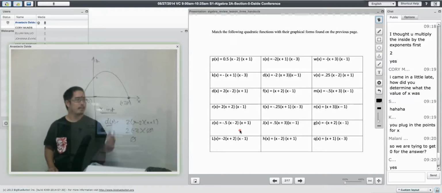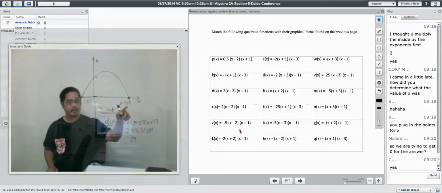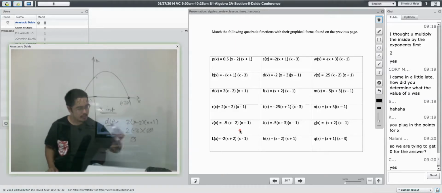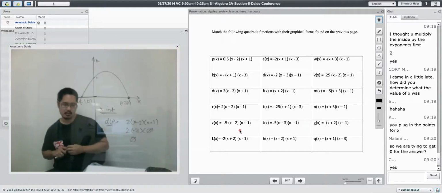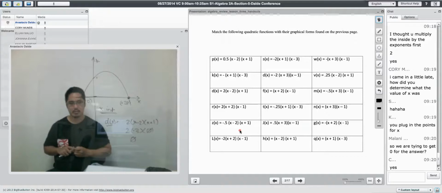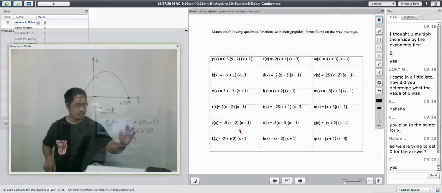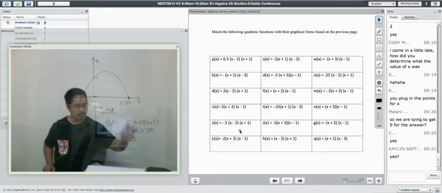All right. Now, let's plug in the 2. If I plug in 2 into this equation, does it make one of these 0? If I plug in 2 into this equation, what is my answer? I guess that's the question.